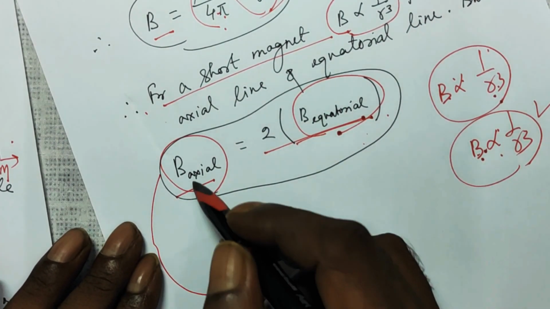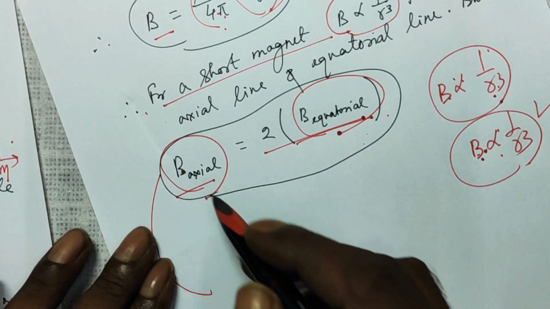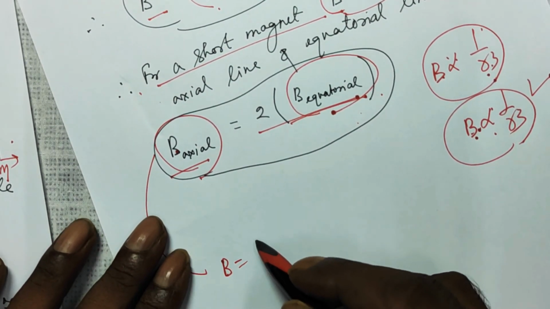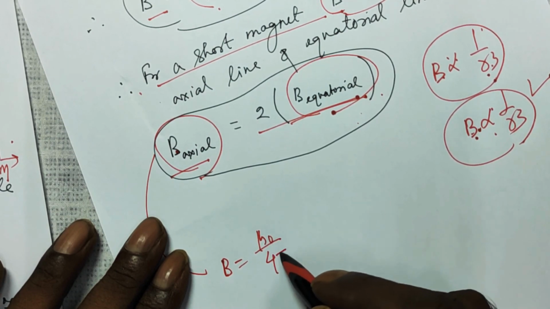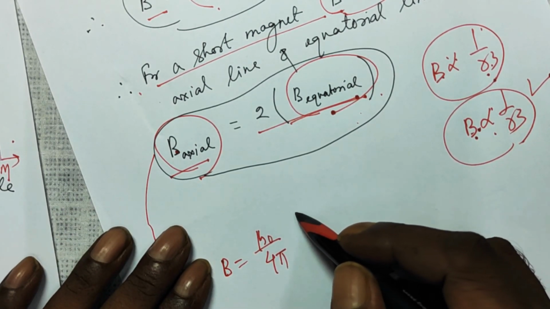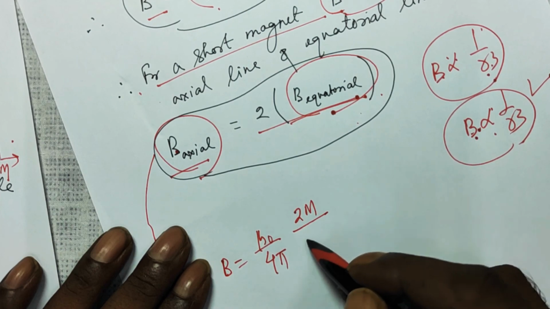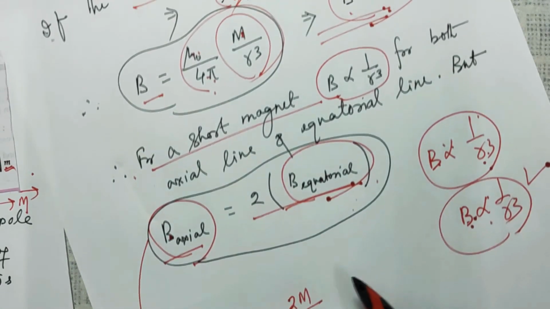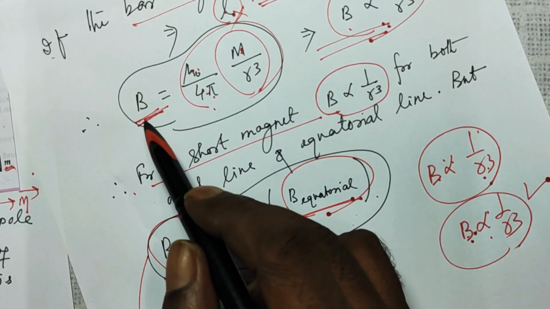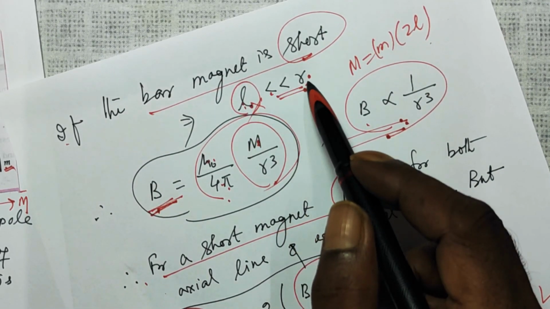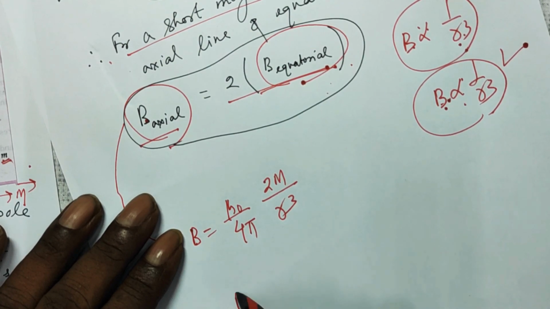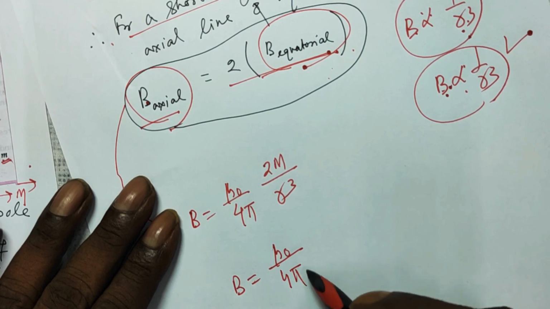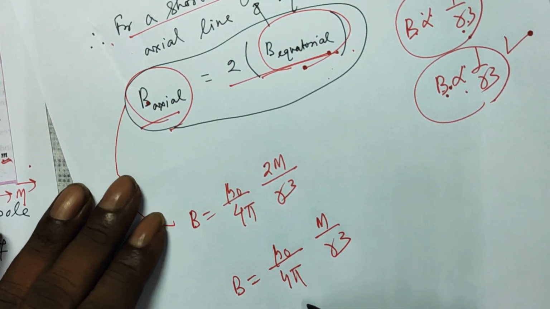If you listen to the previous lesson, this B axial for a short bar magnet was derived as mu naught over 4 pi, 2m over R cube. And we just derived for a short bar magnet, when L is very, very less than R, B is equal to mu naught over 4 pi, m over R cube.